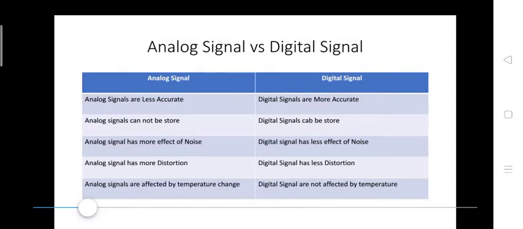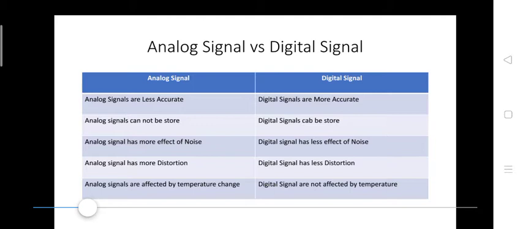Analog signals are less accurate. We can say this by considering FM radio. FM radio uses analog signal.